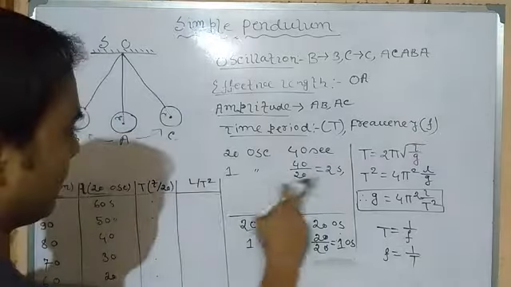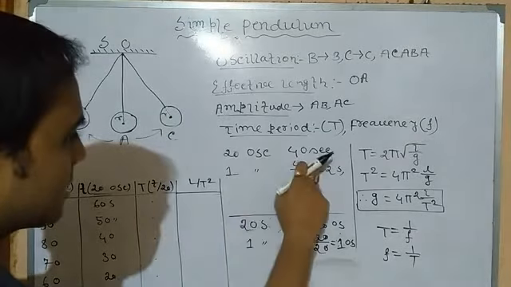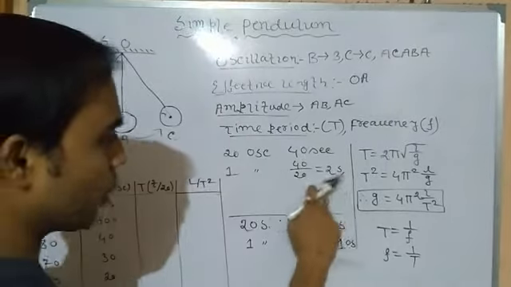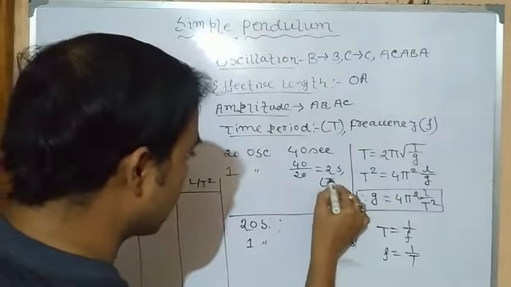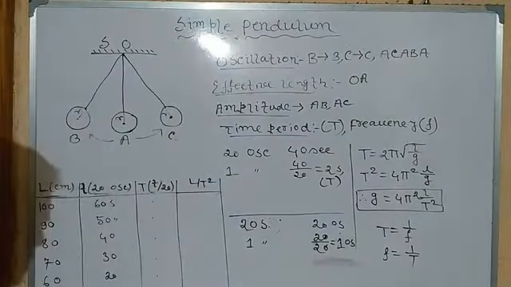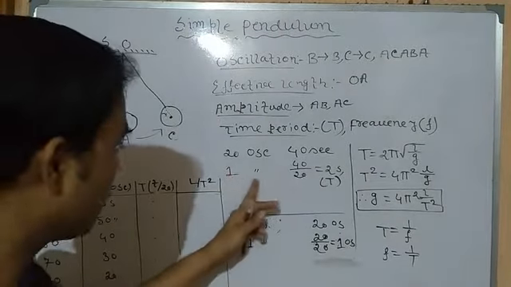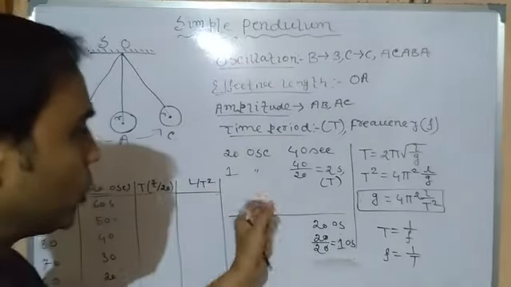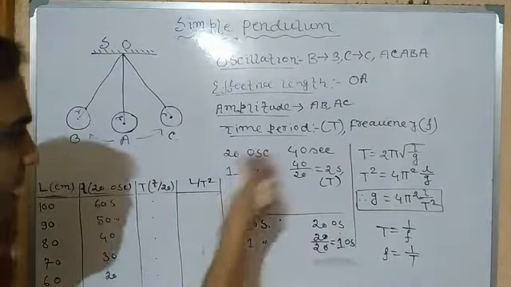Now here you can see 20 oscillations take 40 seconds. Now in one oscillation it is 2 seconds. So we can say it is the time period, because time period is the time required to complete one oscillation. Now if we want to discuss the frequency, it is just the opposite.